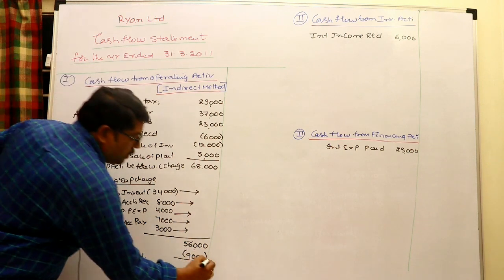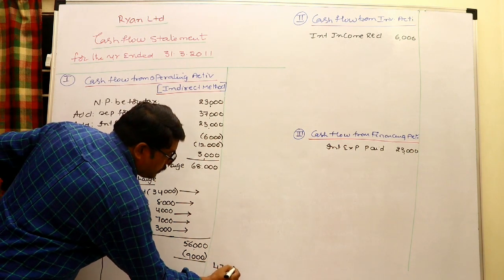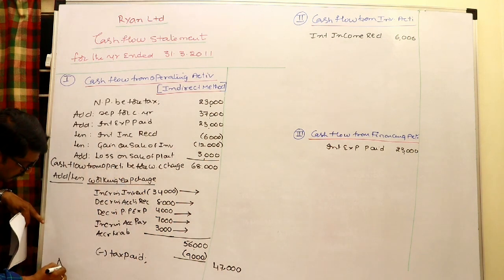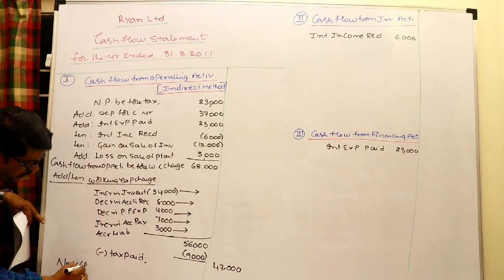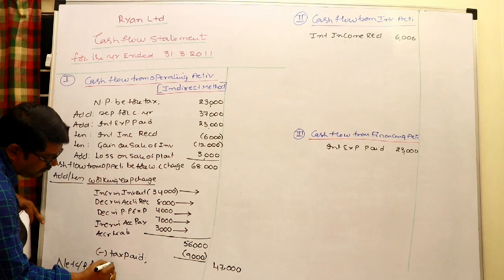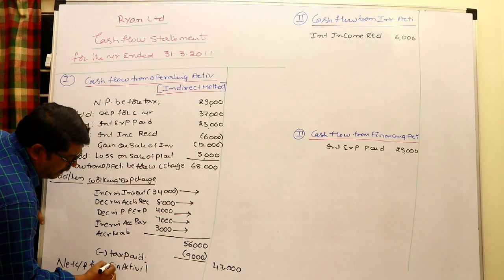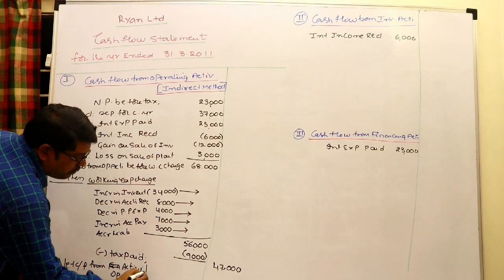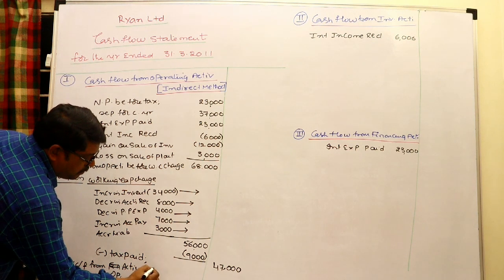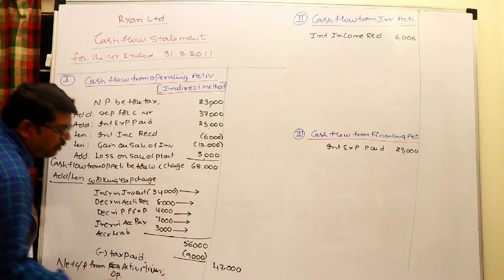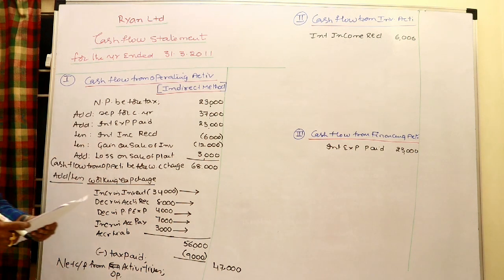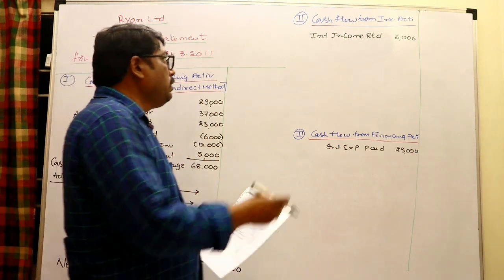Write the net amount 47,000 in the outer column. This is the net cash flow from operating activities, 47,000.